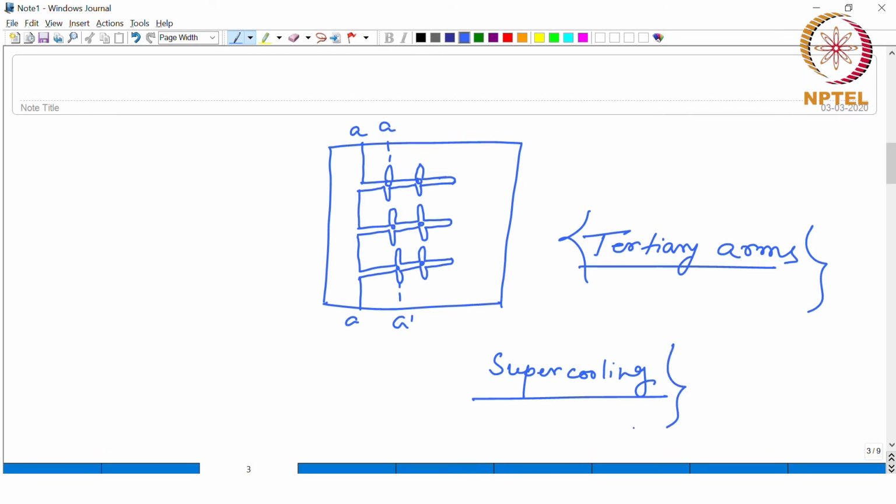Right, that is what we have seen. Whenever the liquid is supercooled, that means the temperature of the liquid ahead of the interface is lower compared to that at the interface itself. This kind of cells can grow and be stable in the liquid, giving rise to a dendritic structure.